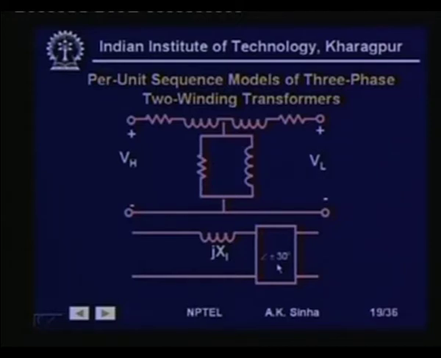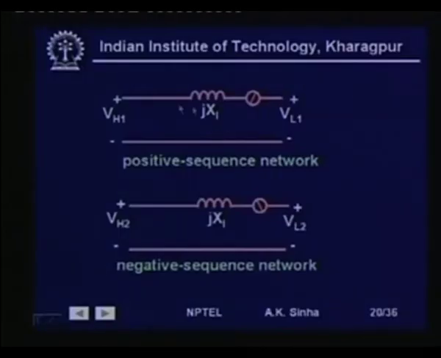Now, in case of star delta transformer, the normal practice which is used is based on ANSI standards, that American National Standard Institute standard, which says that for a star delta transformer, the high voltage side voltage is going to lead the low voltage side voltage by 30 degrees. So, this we can show by leading by 30 degrees like this, whereas the low voltage side is lagging by 30 degrees can be shown like this.